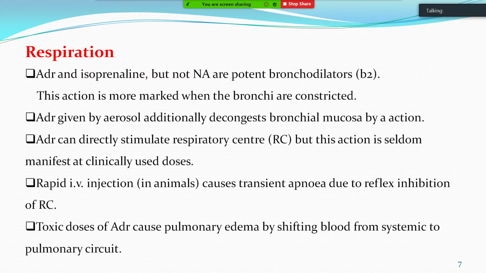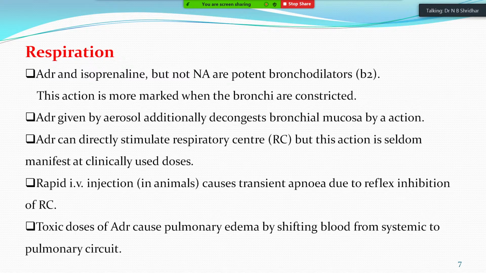And what happens in rapid IV injection, we have already seen, causes a transient increase in the blood pressure and transient apnea due to reflex inhibition of the respiratory center. So one should be careful, and a toxic dose of adrenaline causes pulmonary edema by shifting blood from the systemic to the pulmonary circuit.